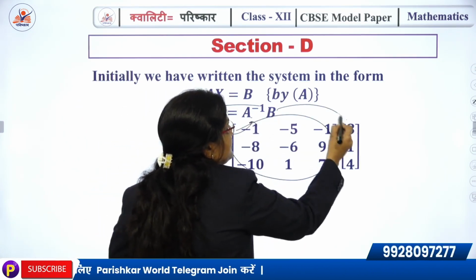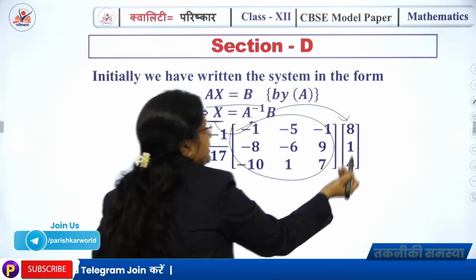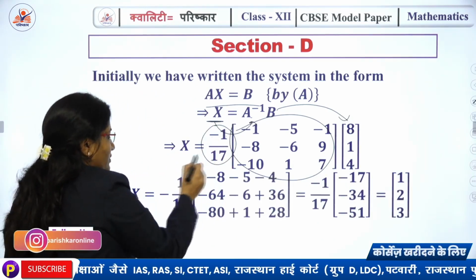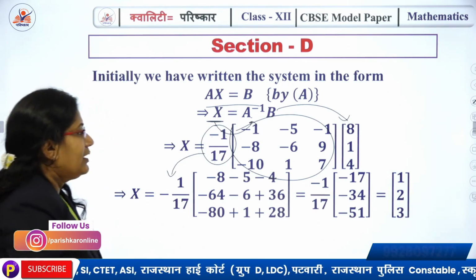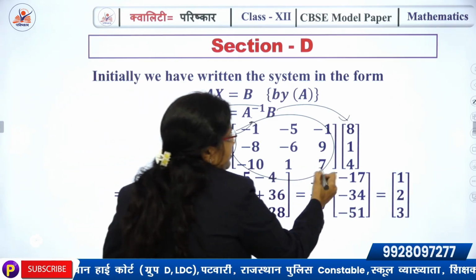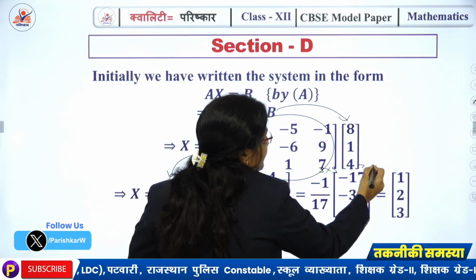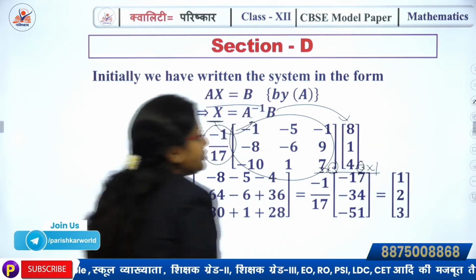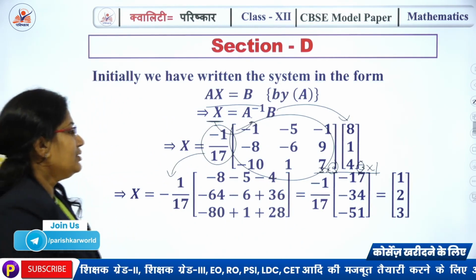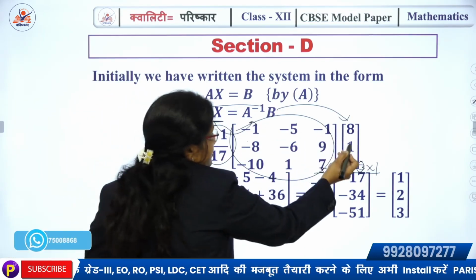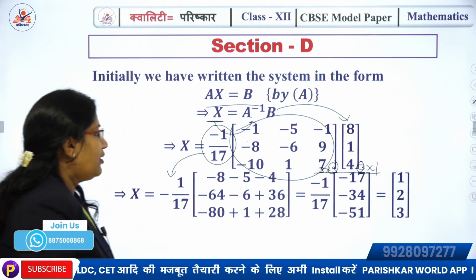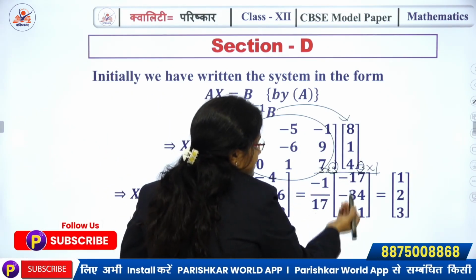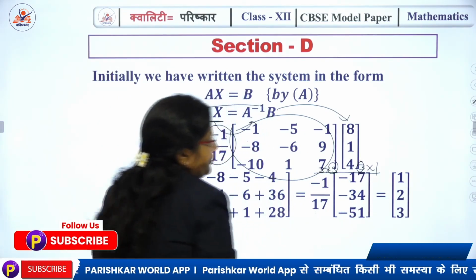The value of B is a column matrix 8, 1 and 4. After multiplying this, minus 1 upon 17 is a constant term. It remains as it is. And this is a matrix of 3 by 3 order, and this is a matrix of 3 by 1 order. 3 and 3 are the same, so the product of these two matrices is possible. After multiplying this matrix by this matrix, we have the value as minus 1 upon 17 times minus 17, minus 34 and minus 51.